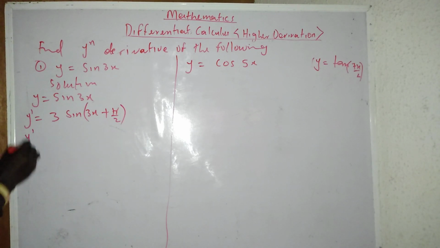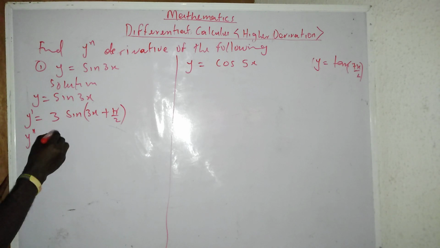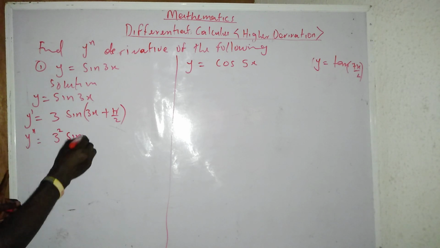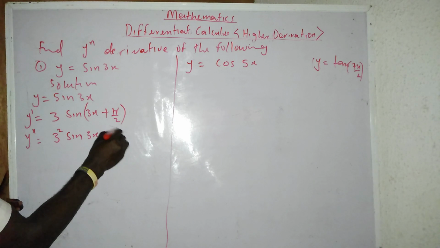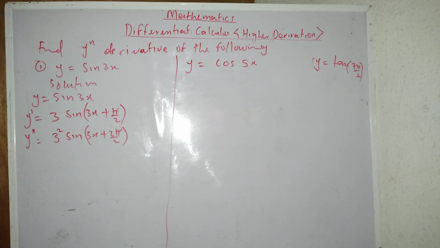The second one is I will have 3 raised to power 2 sine (3x + 2π/2). Please don't simplify. I know that 2 divided by 2 is 1. Therefore, I don't need to cut. Just leave it. I have my reason of doing that.